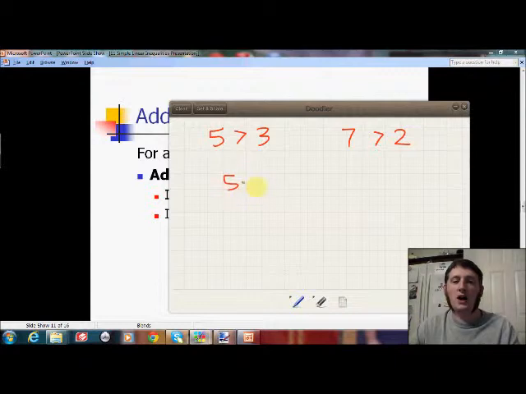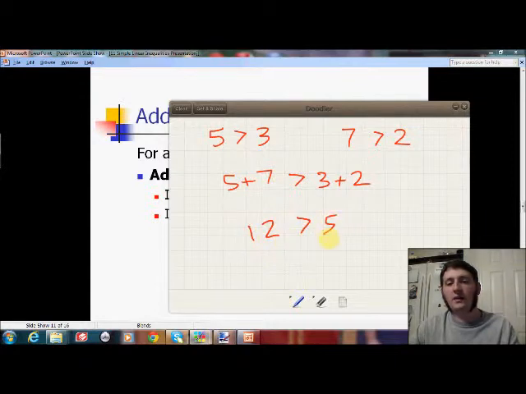So we're not terribly shocked when we add the left-hand sides and the right-hand sides and get that 12 is greater than 5. That's common sense. When you add the big things and you add the small things, the big things together are still greater than the small things. This is pretty clear for nice numbers, but it's still going to be true even if you start throwing in negatives or fractions or decimals.